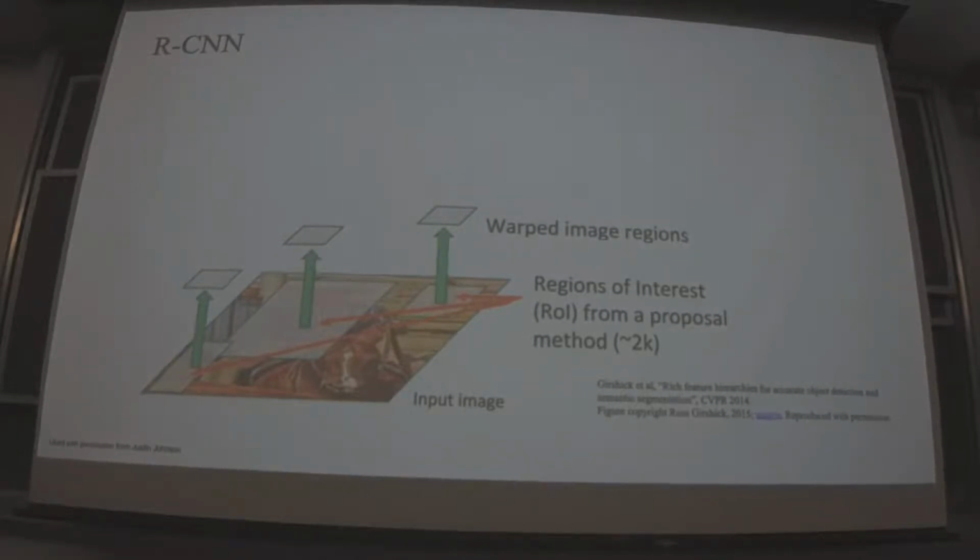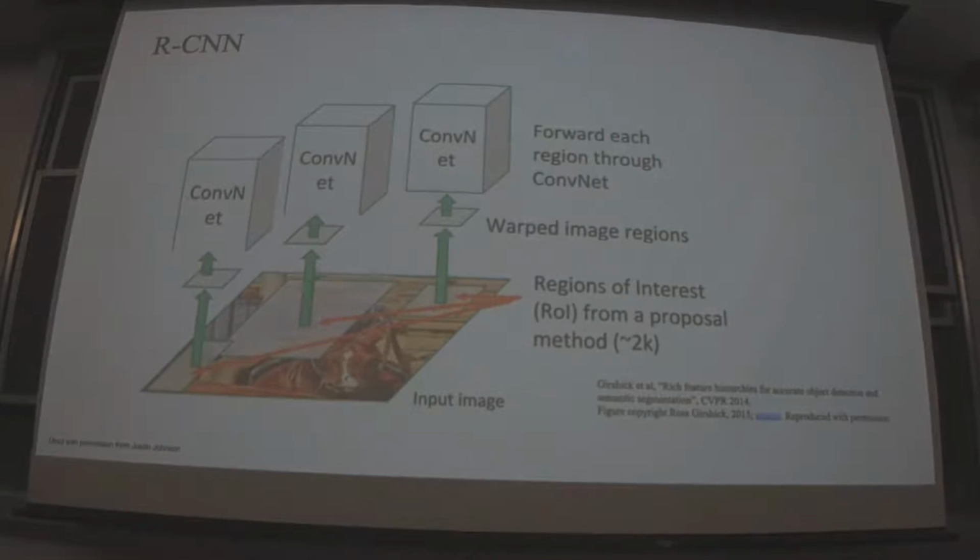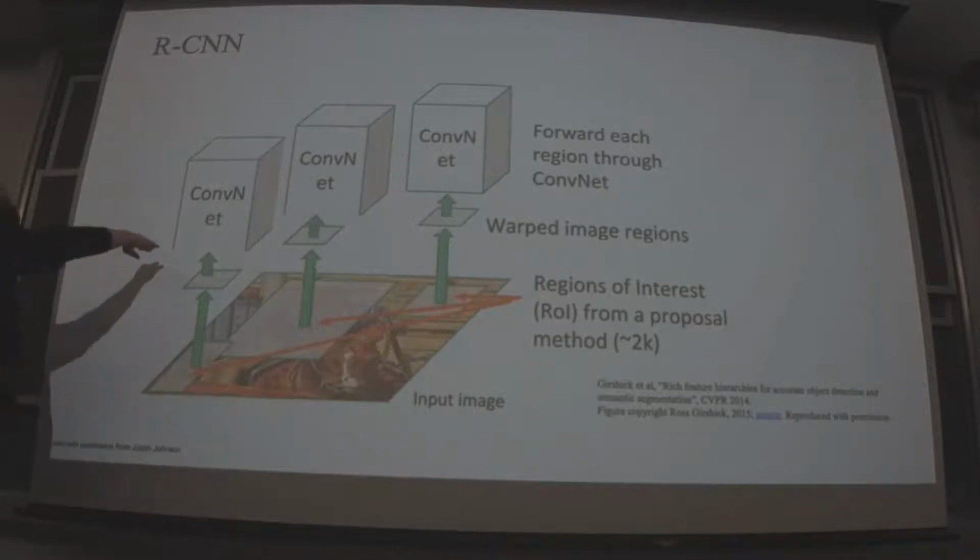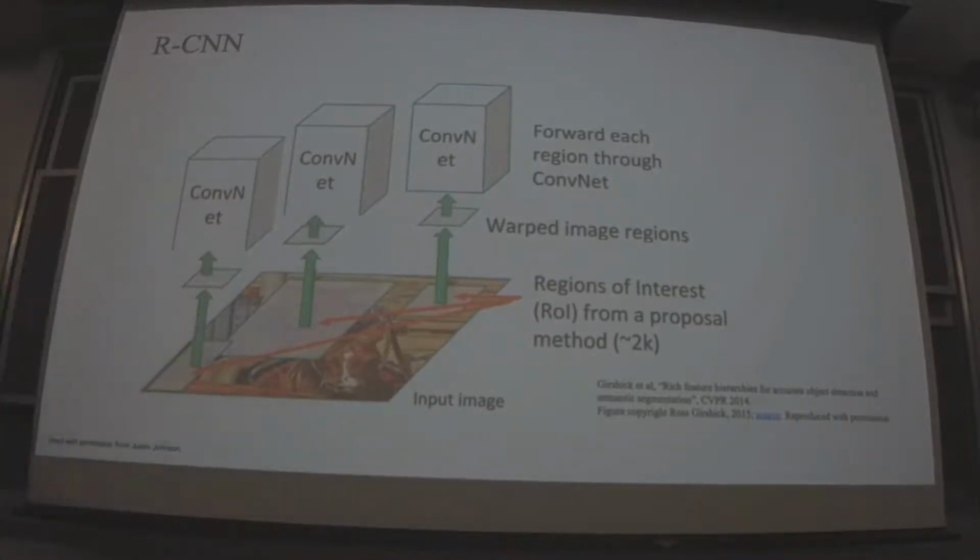But you resize these images, and then each one of these is forwarded through the very same convolutional network. So these are all the same networks, just each one of these independently is forwarded through some convolutional network. Then you're going to have your two losses here, right? This RCNN used an SVM, or this hinge loss we learned way back when, to do the classification task for the objects in these proposed regions.